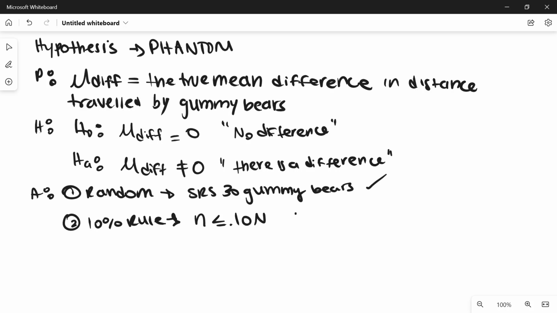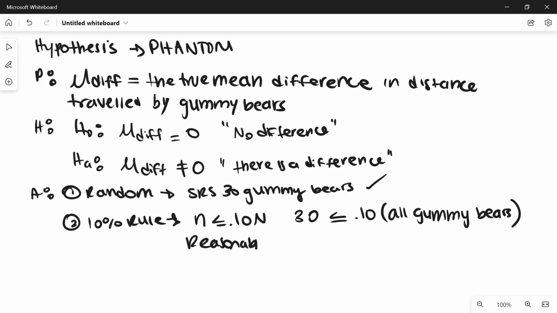Here we had a sample size of 30, which is less than or equal to 10% of the population size N, but we don't have that, so we just say all gummy bears. At least College Board likes to say that. Then we say this is reasonably true, because 30 is definitely less than 10% of all gummy bears in the world. So, reasonably true, and then we move on.